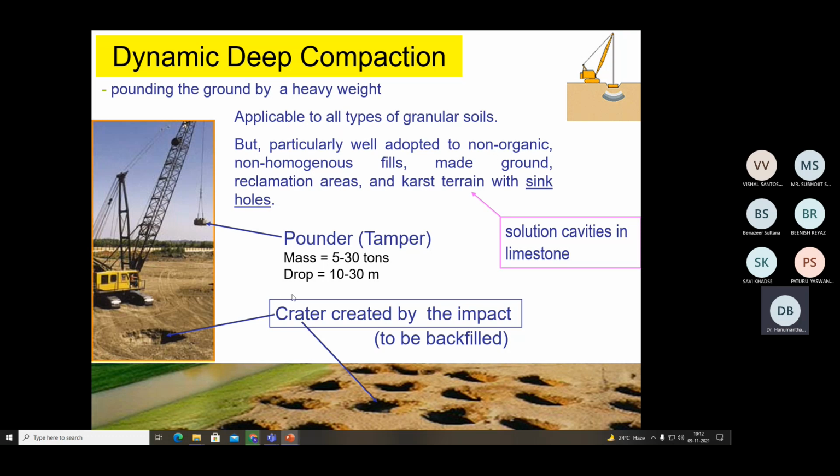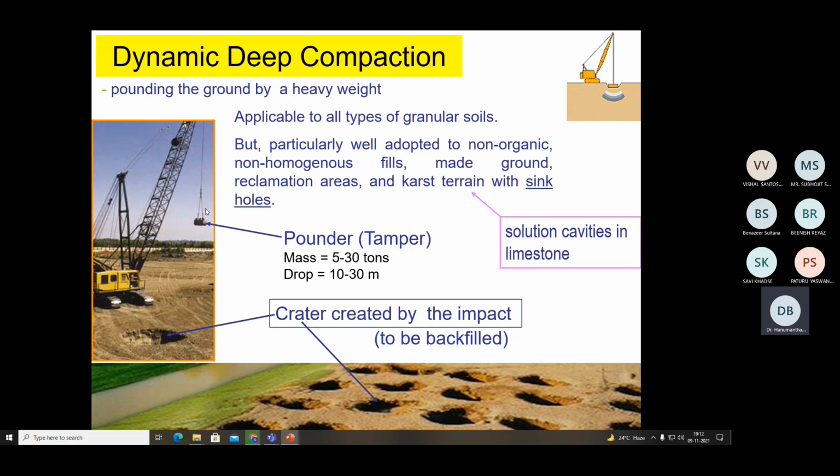Now, another specific thing that you can notice from this slide is when a heavy weight is raised and dropped suddenly from a certain height. So for example, just imagine I am raising a 30-ton heavy weight and dropping it from a height of 30 meter.